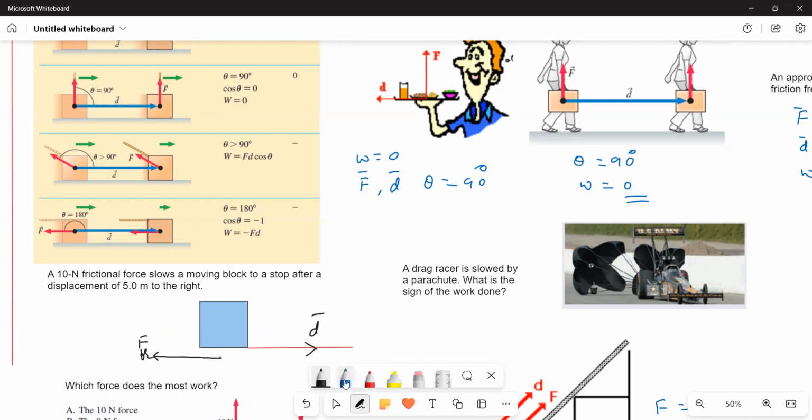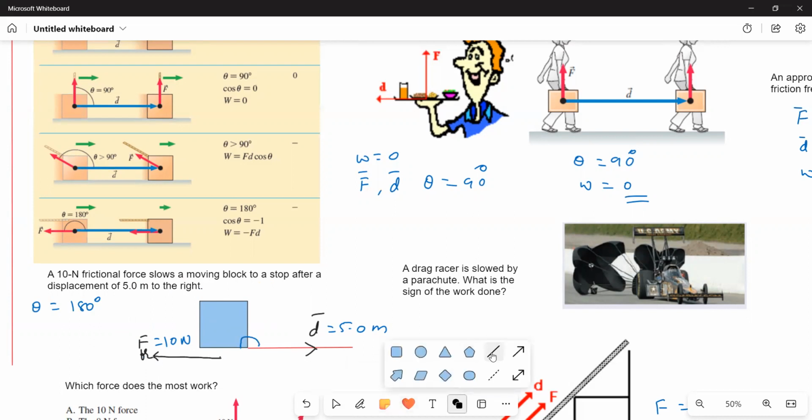Now let us see the example. A 10 Newton frictional force slows a moving object to a stop after a displacement of 5 meters to the right. Here, the displacement is given as 5 meters and the frictional force is given as 10 newtons. Therefore, the work done by the frictional force on the object depends on theta. Here, theta is equal to 180 degrees. Am I right? Because the object is moving in this direction and the force is in the opposite direction. Suppose I draw the force line.